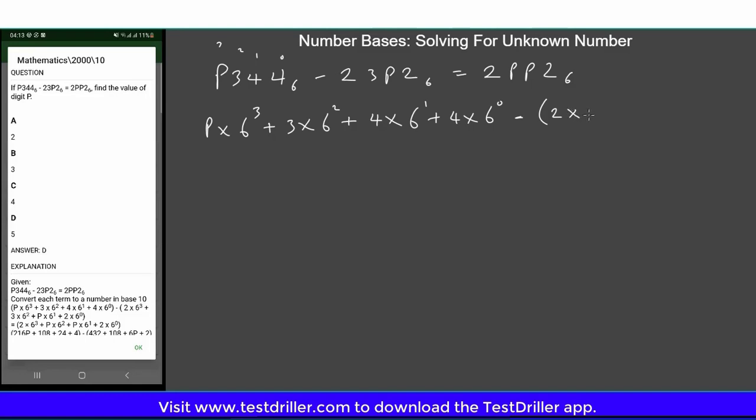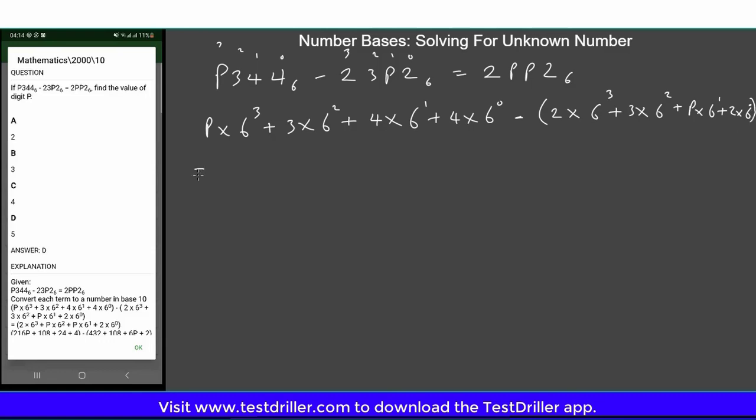2 times, this is 0, 1, 2, 3, right? So this is 2 times 6 raised to the power of 3 plus 3 times 6 raised to the power of 2 plus P times 6 raised to the power of 1 plus 2 times 6 raised to the power of 0.